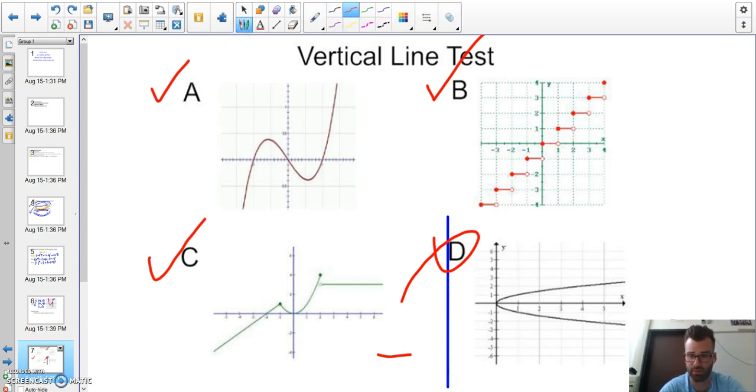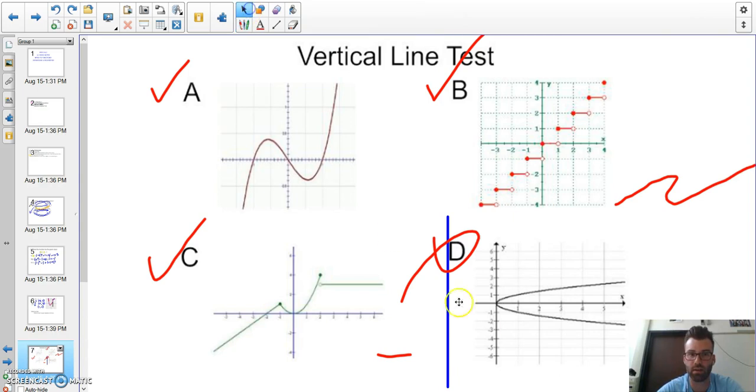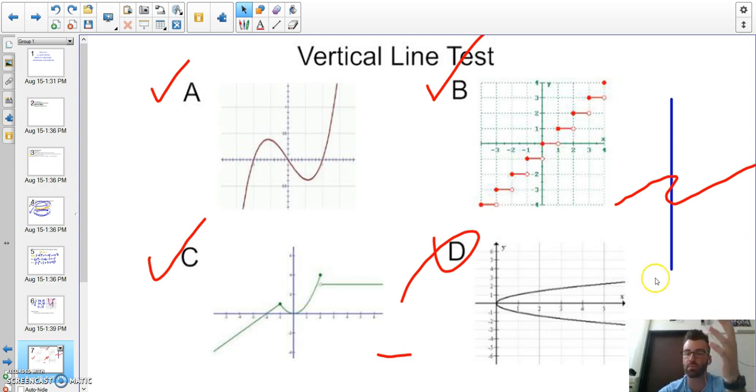So if, for example, this were our function, it hits our vertical line a couple times, but it's not consistent throughout the whole thing. If I were just looking at this piece of the graph, yes, but this portion right here makes it not a function.